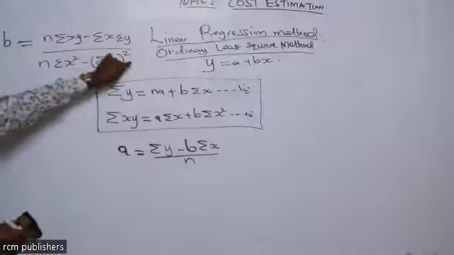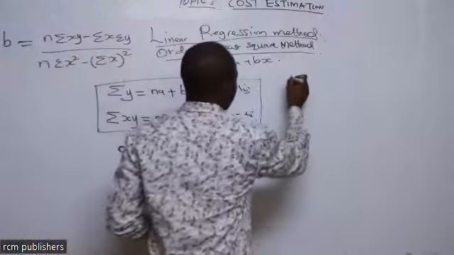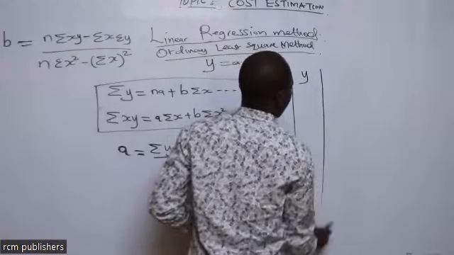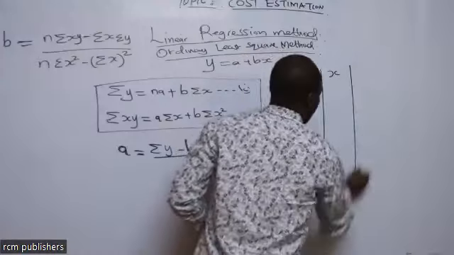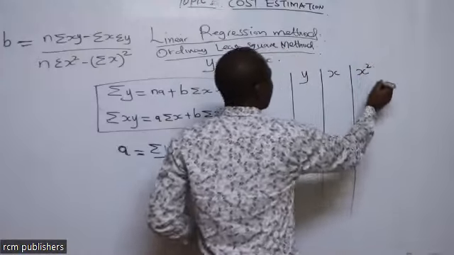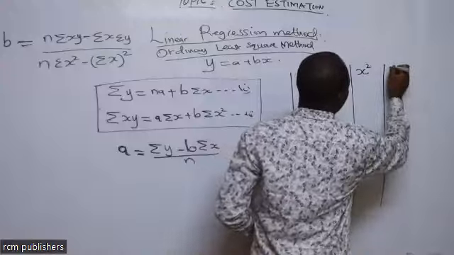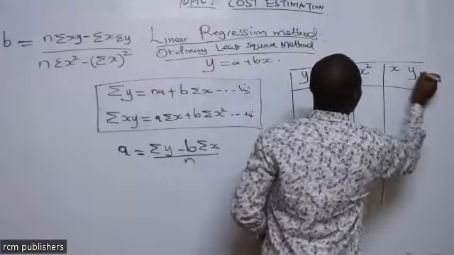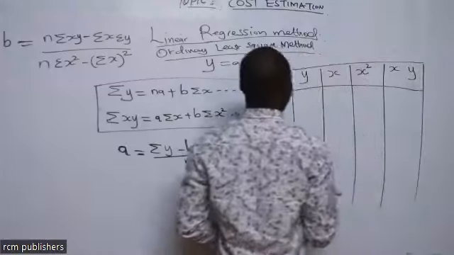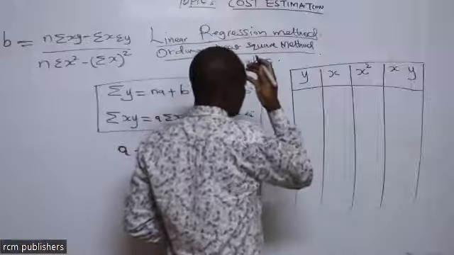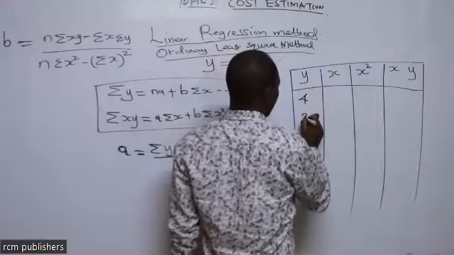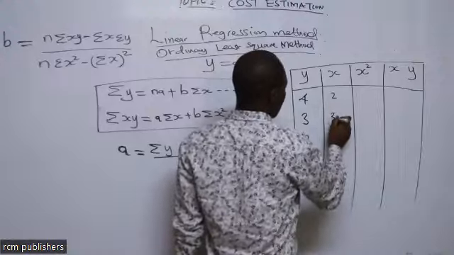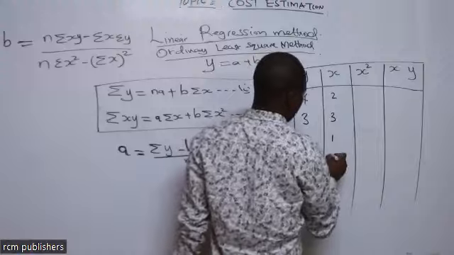This X squared is the items in column X. We are going to have our values here. Let's say 4, 3, 7, 9, 2, 3, 1, 5.